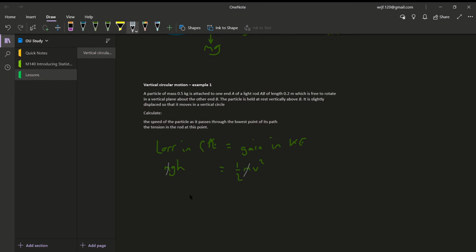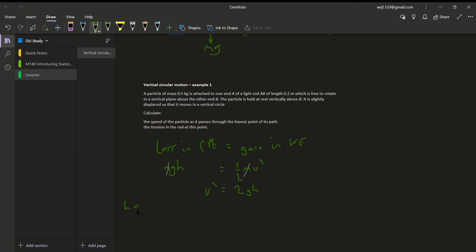And then we can just rearrange this to make it say v squared equals 2gh, and we can substitute some numbers in. So we've got a height loss here of 2 radiuses.